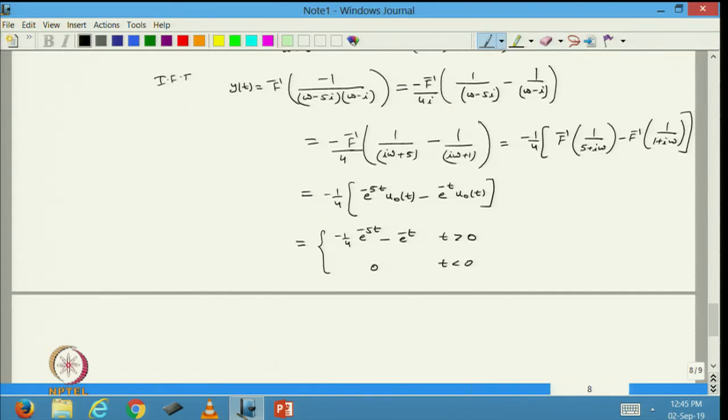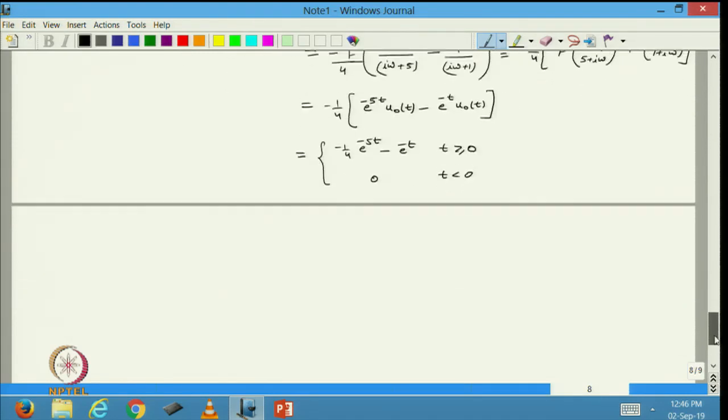So, that is your solution, and when I put t equal to 0 in this case, this value will be 1, this value will be 1. So, it will be this factor. So, maybe I can take the equal to sign also here. It depends upon how you are defining your unit step function.